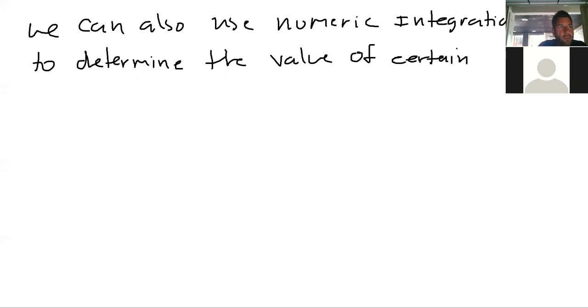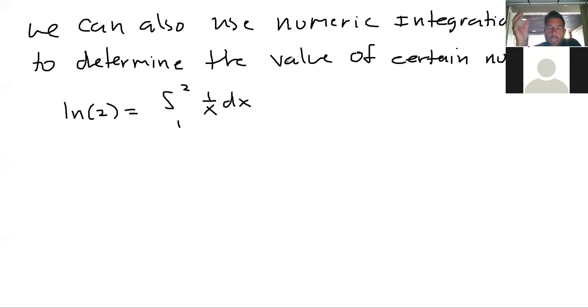We asked you to do this on the exam. If you remember, we told you the log of 2 is equal to the integral from 1 to 2 of 1 over x dx. So you might ask yourself, how did human beings know what the log of 2 equaled before calculators? Well, one way you could approximate it is to approximate that integral using trapezoid or Simpson's rule.